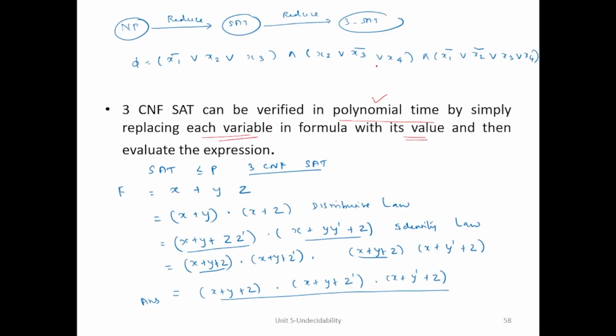So instead of x2, x3, I am substituting either 0 or 1. By substituting the integer value instead of the variable, we can find a solution. This is the evaluation of a 3 CNF problem, and we consider the satisfiability problem. All satisfiability problems are treated as polynomial reductions.